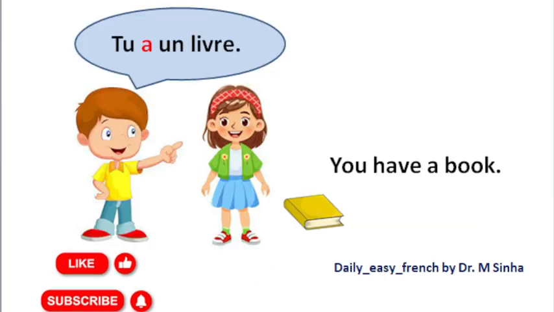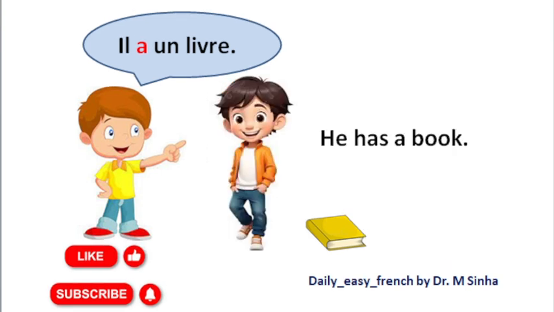If we want to say you have a book, we say tu as un livre. Repeat with me. Tu as un livre. Very good. If we want to say he has a book, we say il a un livre.